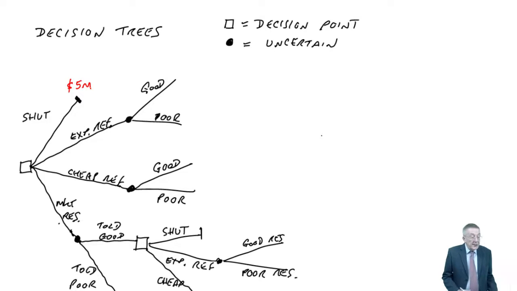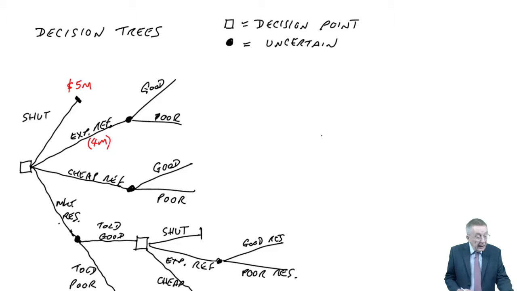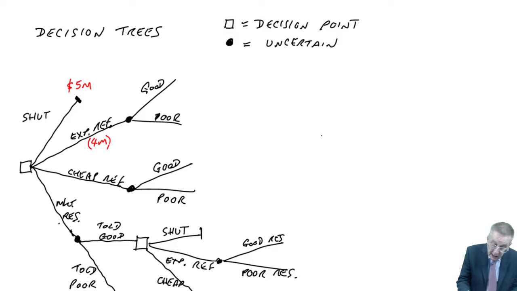And what happens if we decide to do the expensive refurbishment? Well, first of all, whatever happens, we'll have to pay out 4 million. I'll stop putting the dollar sign, I haven't much room. And then one of two things will happen. Either, if you jump down below C, if we do it, a good result will give us 13.5 million.